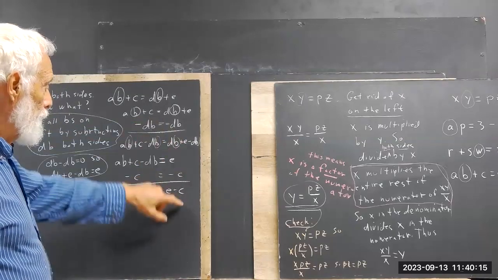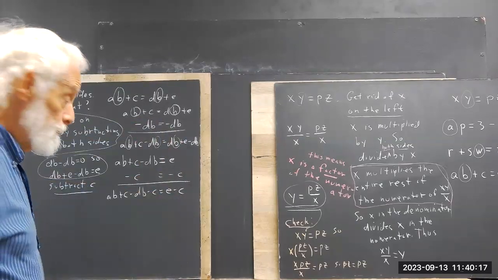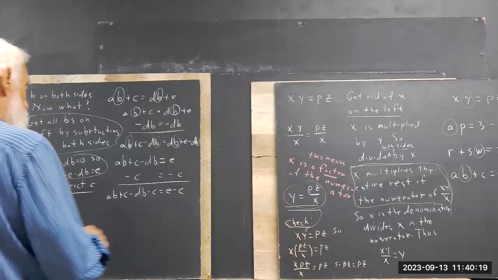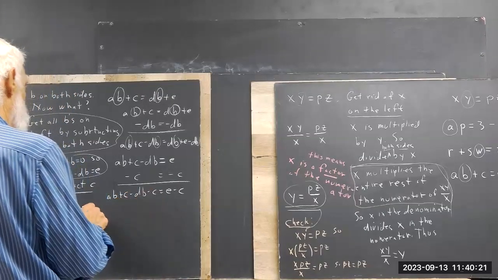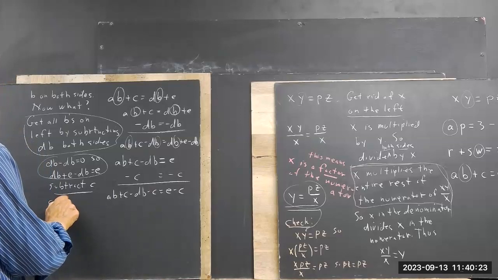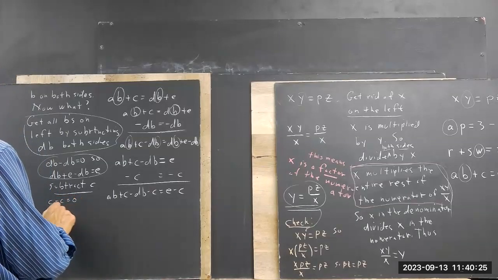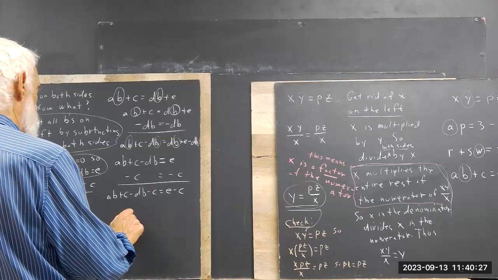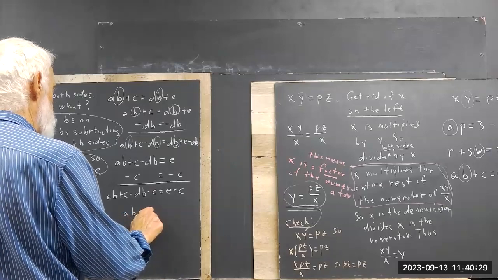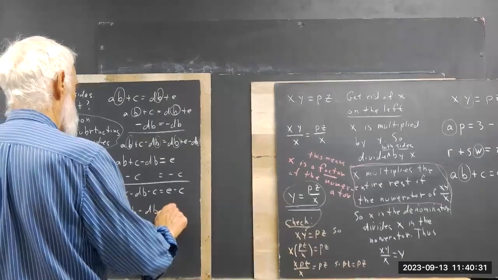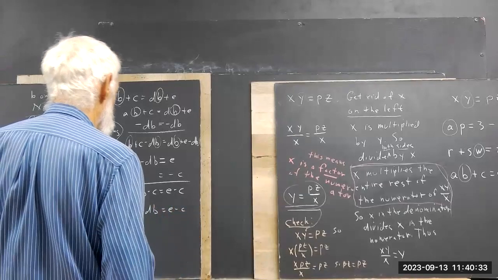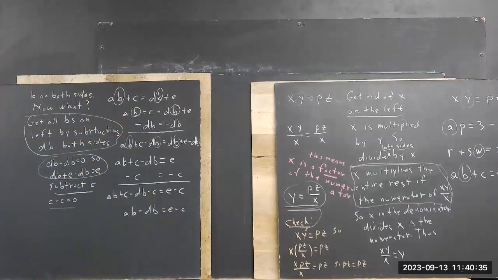This side, tack a minus C on it. Well, C minus C equals 0. So we'd end up with just AB minus dB equals E minus C.